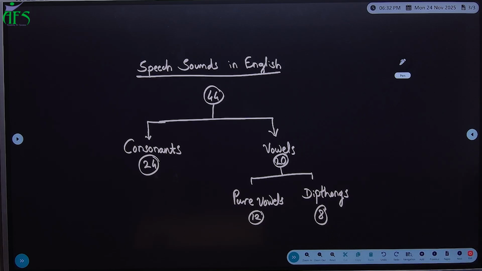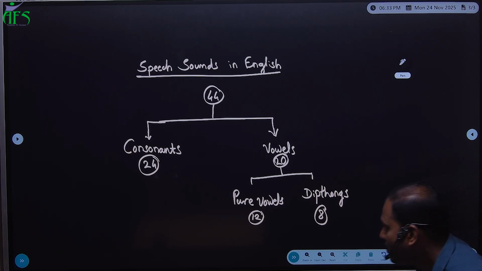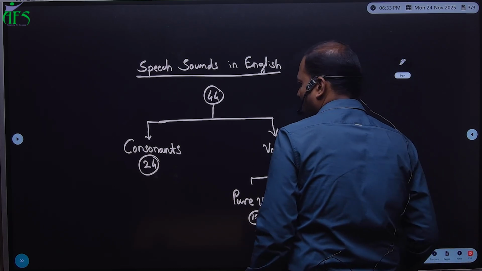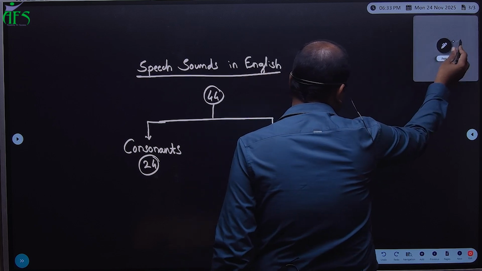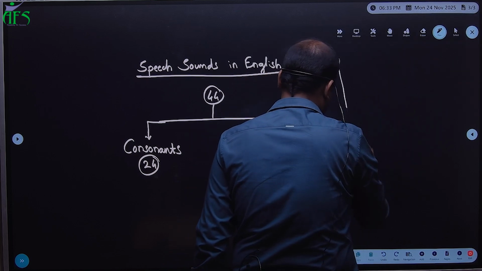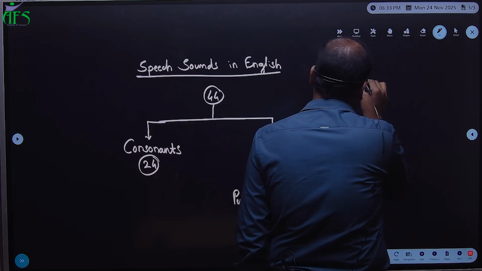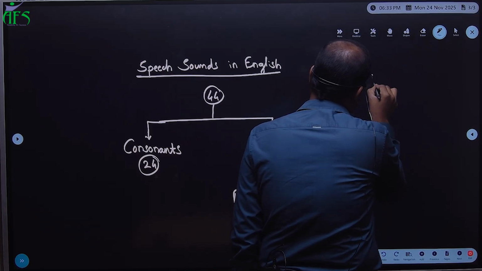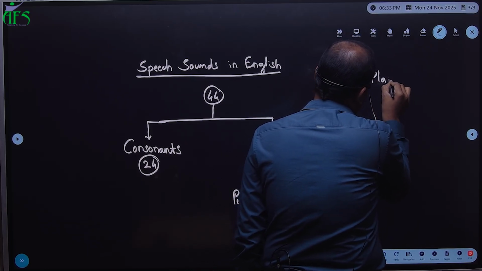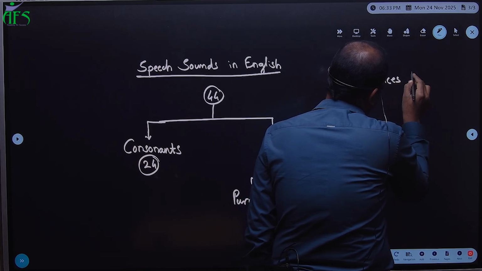So in short, I'll tell you what the sounds are and how they are categorized by using two different terms. I'll mention them here.